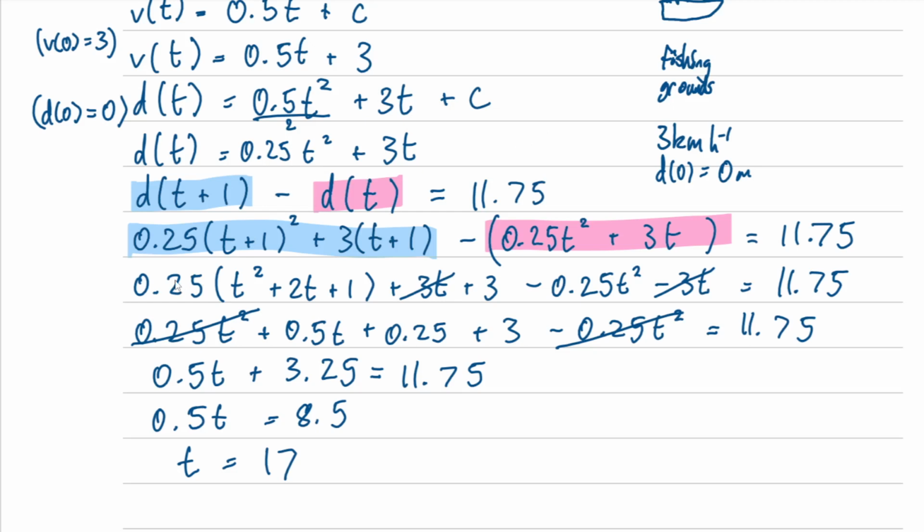How else can you think of this? Because honestly, I'm a bit confused at how I just explained that. Looking back at this equation, the t is 17. So we start at the end of the 17th hour. And when we stop the stopwatch, we're now at the 18th hour.